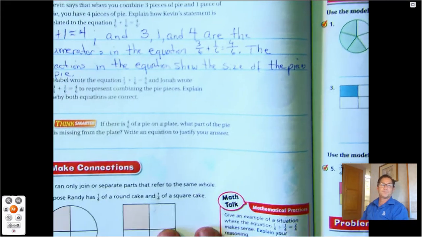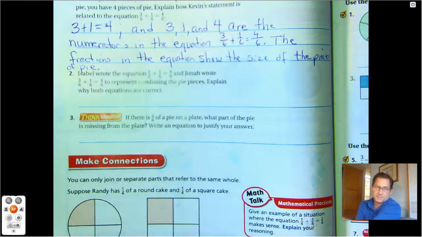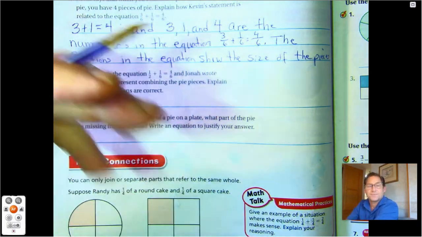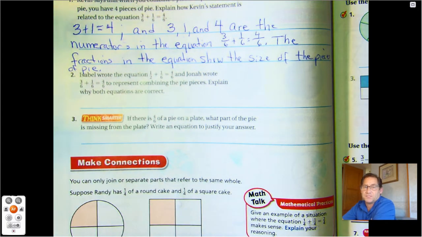Okay, so 3 plus 1 is 4 because they said 3 pieces plus 1 piece is 4. All right, I'll give them that, yes. And 3, 1, and 4 are the numerators in the equation 3 sixths plus 1 sixth equals 4 sixths.